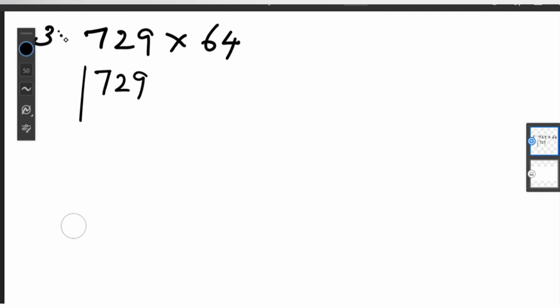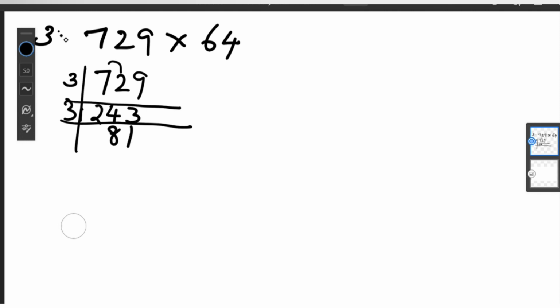729 into 64. So how to shorten this? Write 729 first. As the last part is giving the number 9, in which it will be divisible? It will be divisible by 3. 3 how many times it is divisible? 2 times 6.